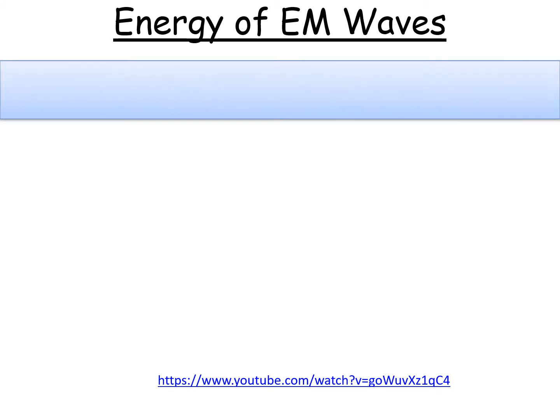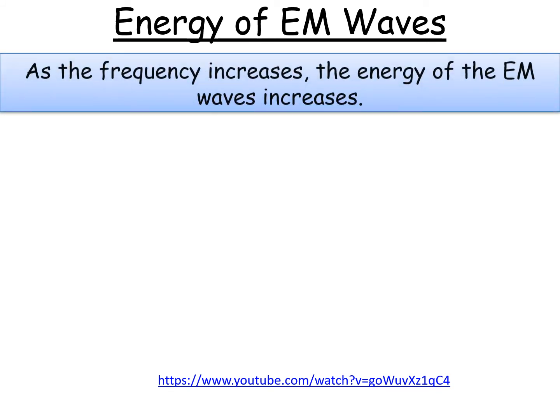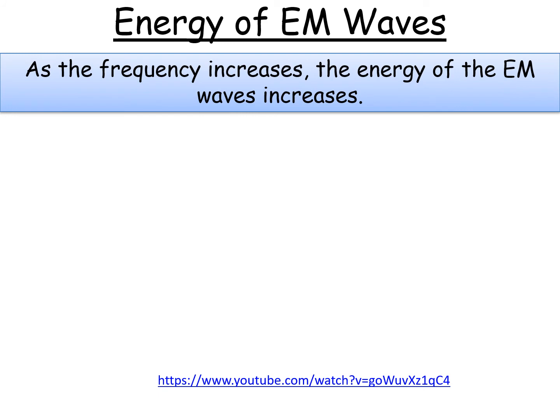Okay, so let's look at the energy of EM waves. Now, the first thing we have to remember is that as the frequency increases, the energy of the EM wave increases. Now, how does that work? Well, one way to imagine it, and I would do this with you in class if we were in class, is imagine you're bouncing a basketball, or dribbling a basketball. Now, if you think about it, every time the basketball hits off your hands, that's like a frequency, isn't it?